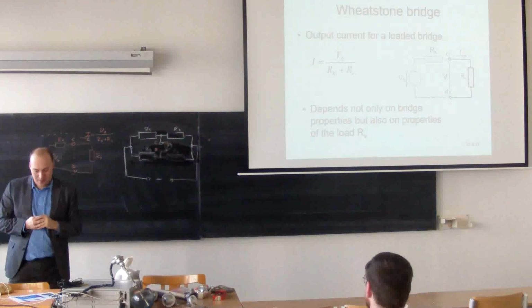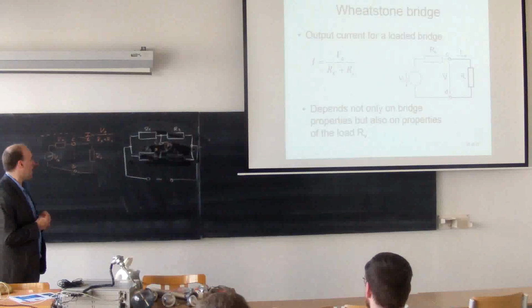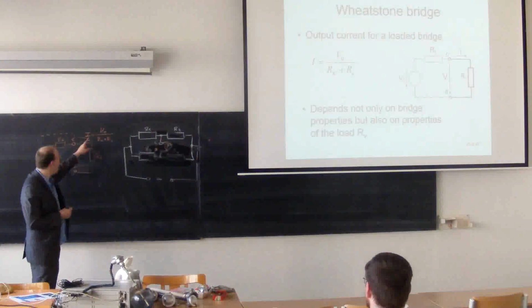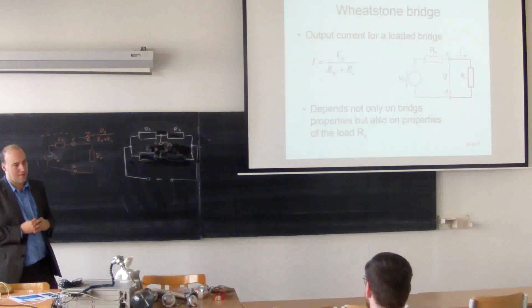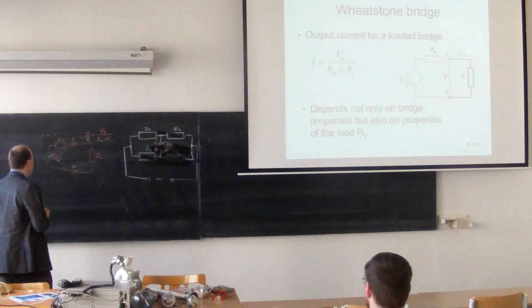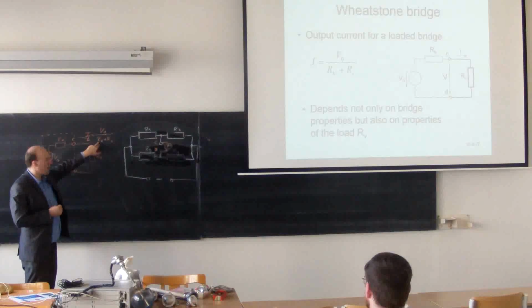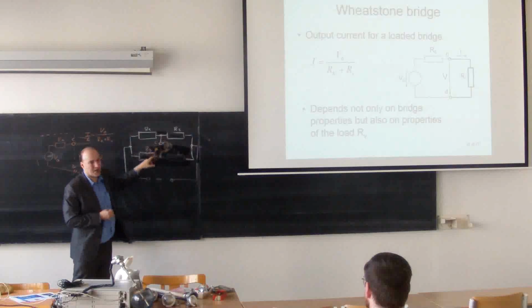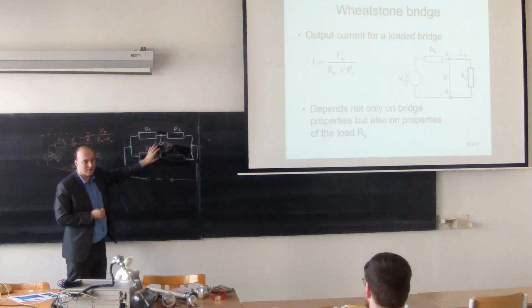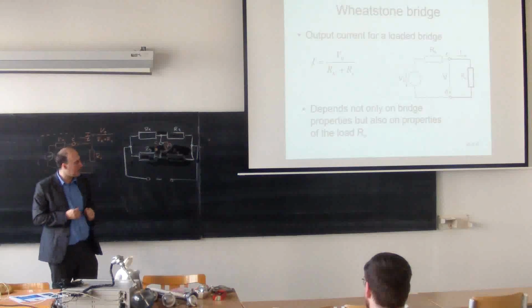The second problem is that the current on the output will be nonlinear. If you analyze what is behind RK here, you will find out that there is a complicated connection of R1, R2, and the other electric resistors.